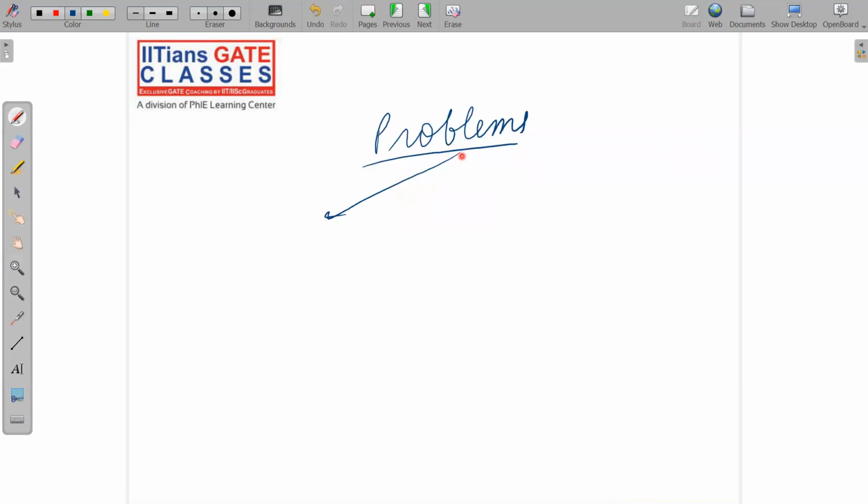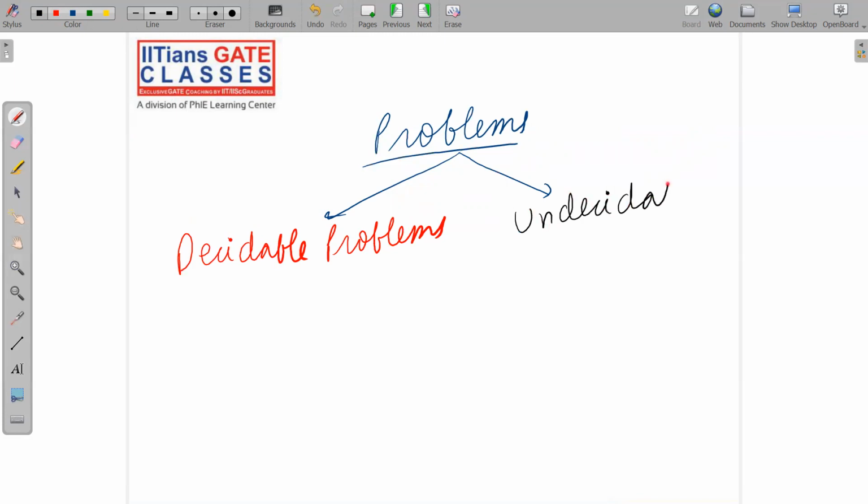First is decidable problems, and the second is undecidable problems.